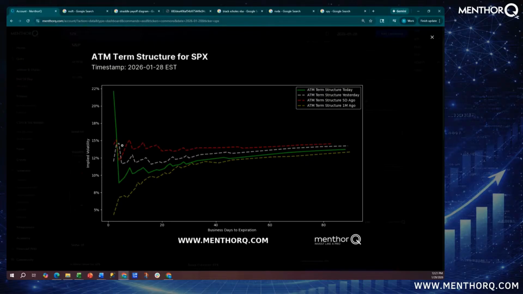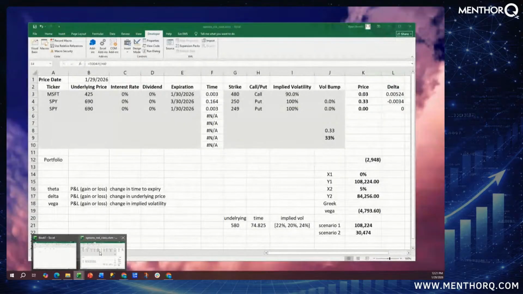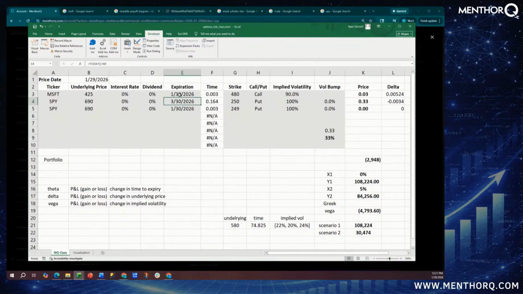Say we did a 30-day and now it's a 20-day.